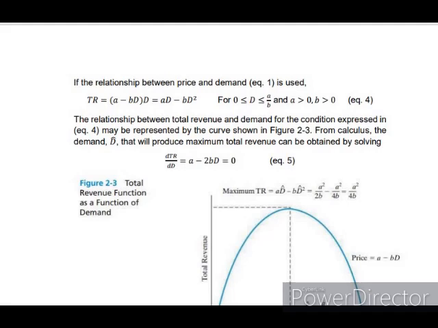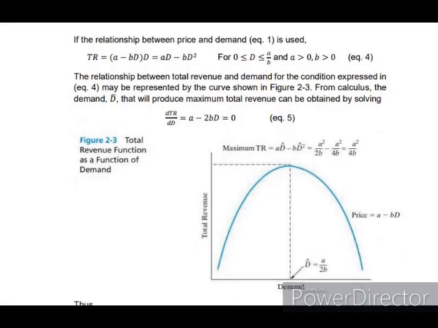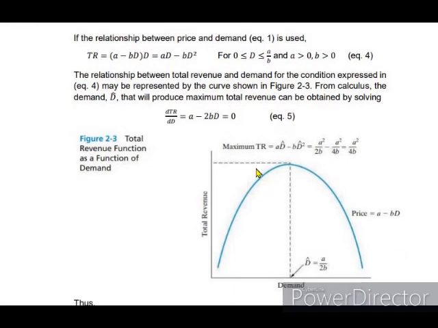From calculus, the demand D that will produce maximum total revenue can be obtained by solving dTR over dD is equal to A minus 2BD is equal to 0. So here we are just differentiating the formula. Okay?